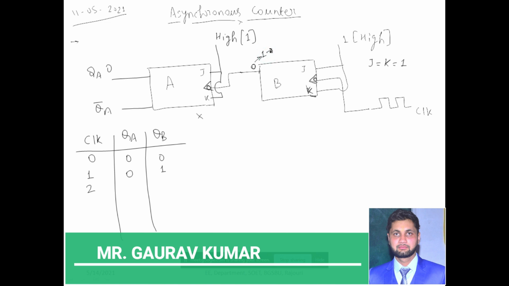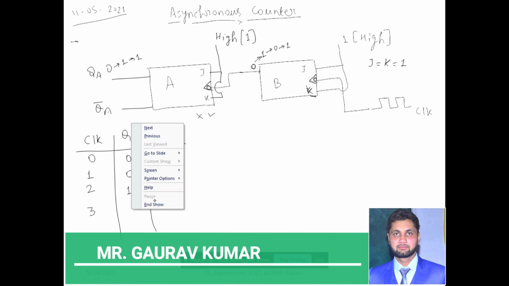Okay, after applying the second clock pulse, this will be 0. When it is 0, then it will turn on and convert it into 1. So this is 0 and this is 1. Now apply the next clock pulse. After applying the next clock pulse, it will be 1, and it is only pulse 4.